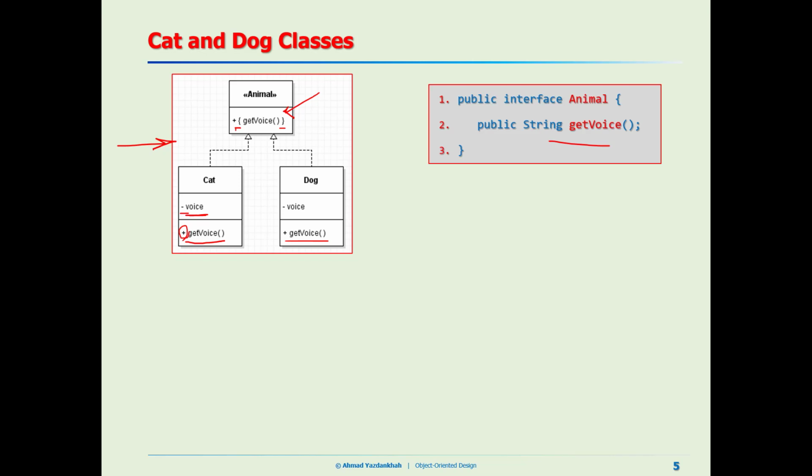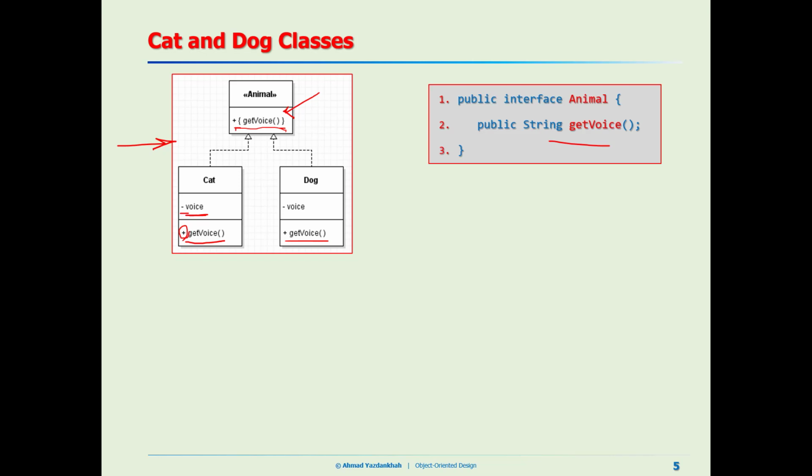Usually in class diagrams, we show abstract members with italic font, but since Violet does not support italic font, I put them inside curly braces.